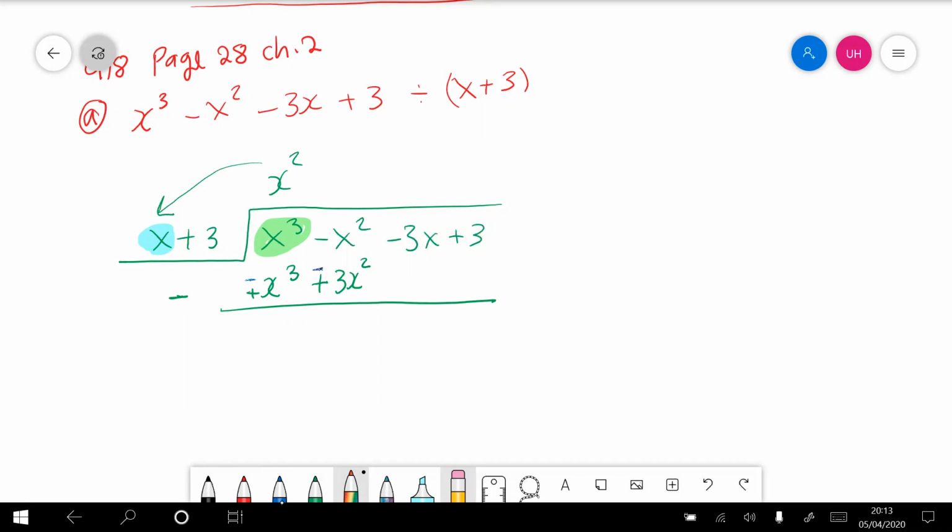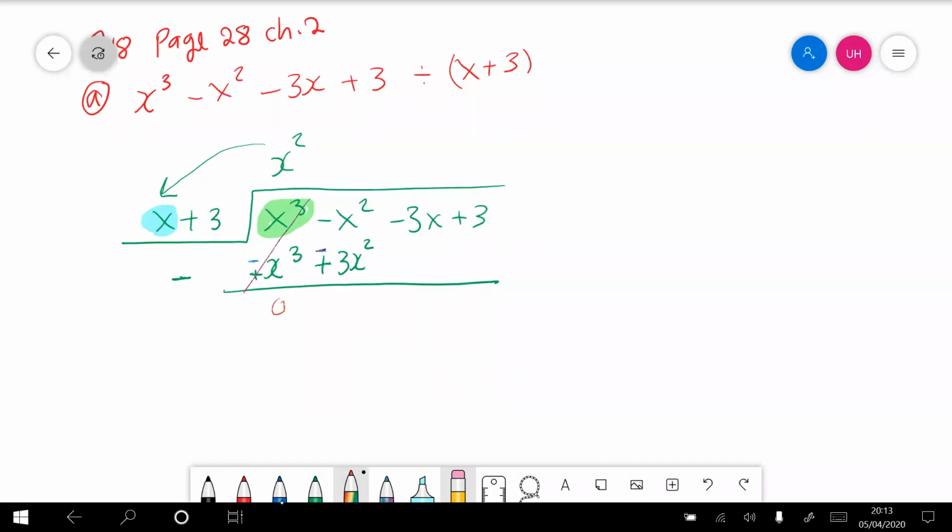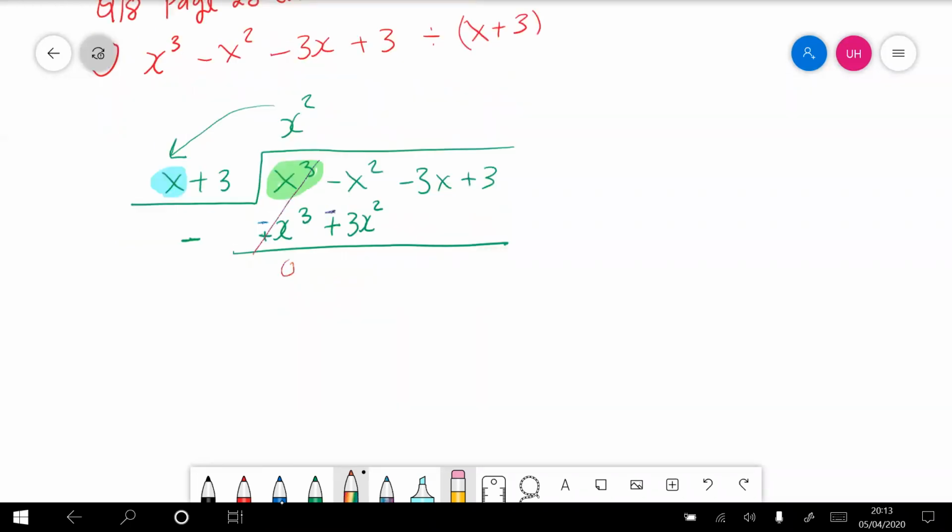So this will cancel each other and become 0 here. And then minus x squared minus 3x squared is going to be minus 4x squared. And then we put this term down.